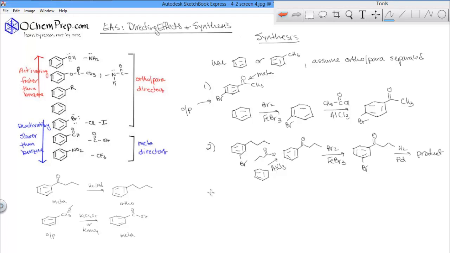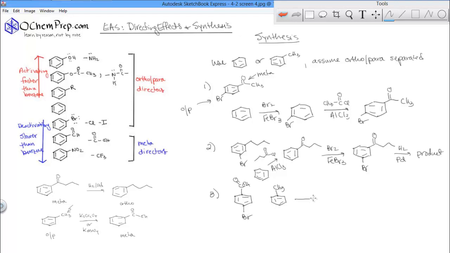The last one we're going to do is we need to make a benzoic acid. So I want to make para-bromobenzoic acid. Now in this case, we're going to start with toluene. Now we will oxidize the methyl group after we add the bromine because we want the bromine to go para.